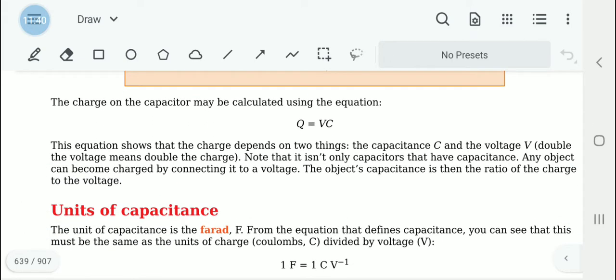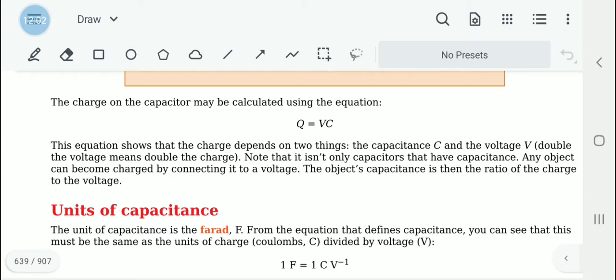There are two things that the charge would depend on. The first one is capacitance, then the voltage. So if you double the voltage, the charge would double, right?